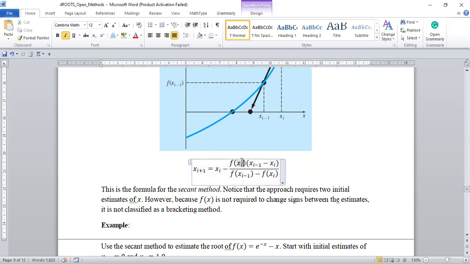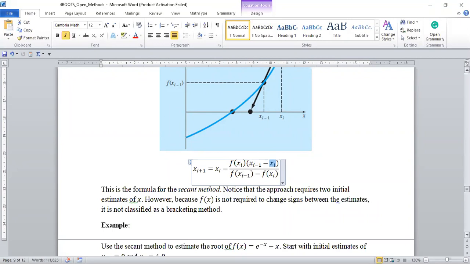Looking at it, remember for the previous method, we just needed one guess, but now we need two guesses. We need the guess at this particular value, then we need the guess at this particular value. So the secant method eliminates the need for you to find the derivative, but the implication is that you need two guesses now.